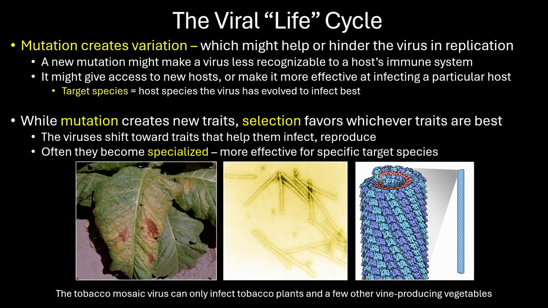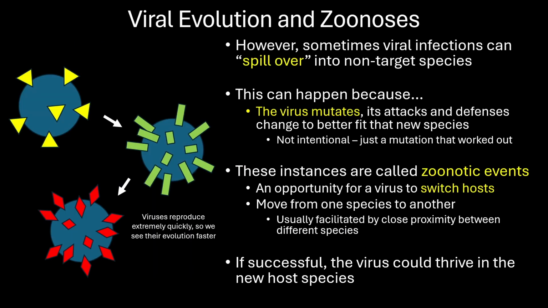As they do, viruses often become more specialized. They become more effective and efficient at infecting or utilizing specific hosts, very targeted host species. That said, it is also possible and happens periodically for viral infections to what we call spill over into non-target species, things that the virus did not evolve initially to infect.